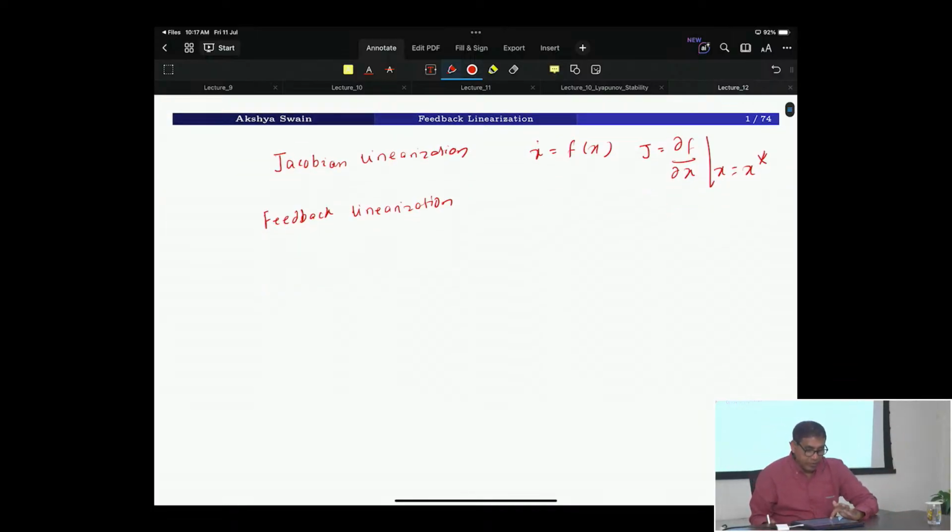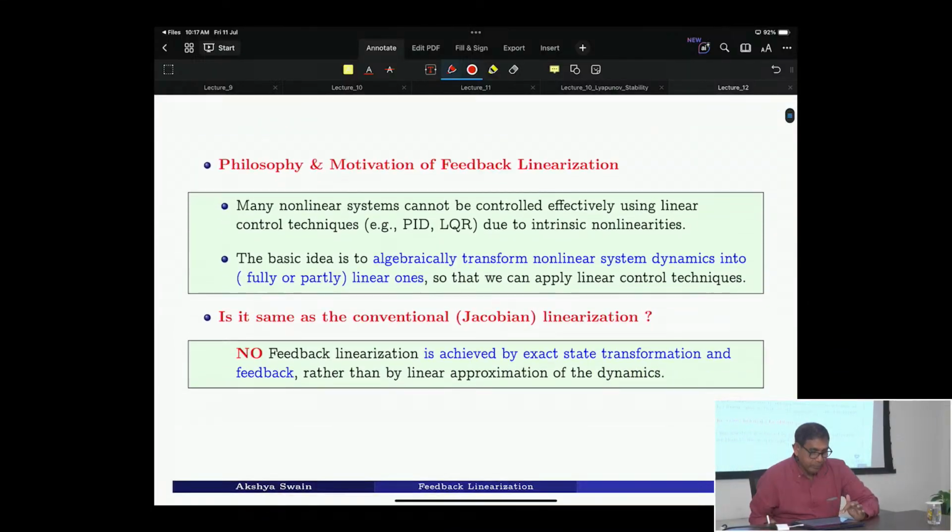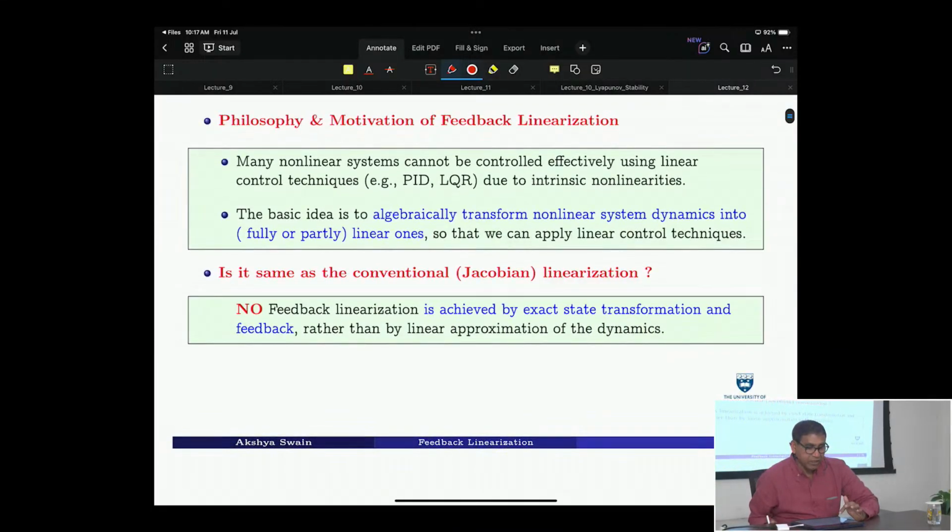I'm giving the example first. Many nonlinear systems cannot be controlled effectively using linear control techniques, PID, LQR, due to intrinsic nonlinearity. The basic idea is to algebraically transform the system into a linear one and apply the linear control techniques. Is it the same as conventional linearization? No. Feedback linearization is achieved by exact state transformation and feedback and complete cancellation.